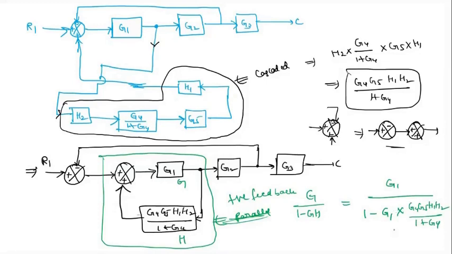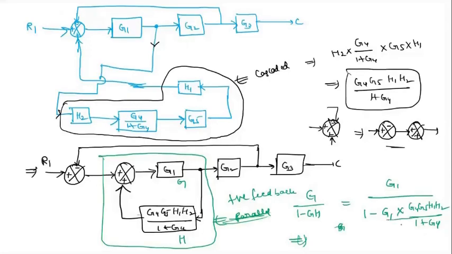Now if you take the LCM, what is the resultant? If you simplify, you'll get some values. The numerator is, I'm going to simplify on the next slide, G1 as it is, by, if you take the LCM, 1 plus G4 minus G1, G4, G5, H1, H2 by 1 plus G4.